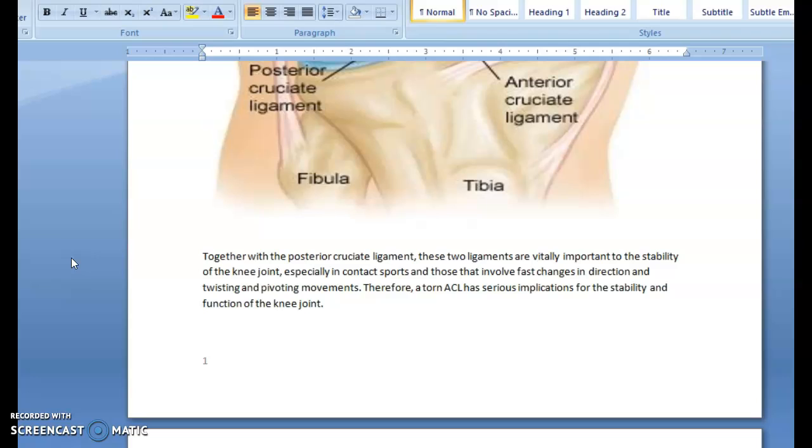Together with the posterior cruciate ligament, these two ligaments are vitally important to the stability of the knee joint, especially in contact sports and those that involve fast changes in direction and twisting and pivoting movements. Therefore, a torn ACL has serious implications for the stability and functions of the knee joint, of course.